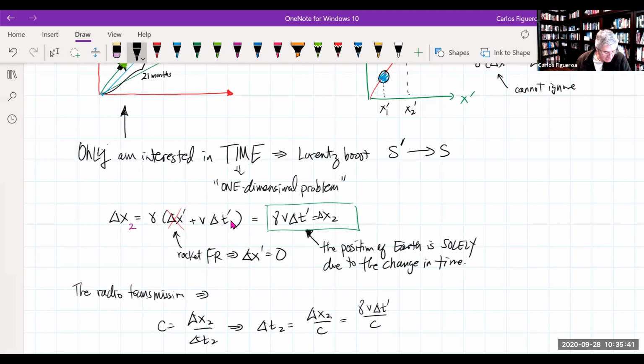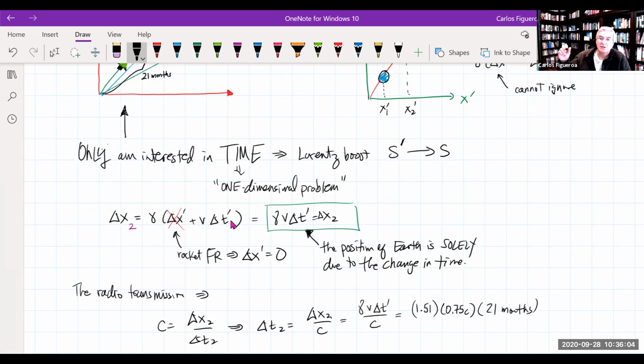If I plug in these numbers, I know the gamma factor is 1.51. We know that the speed is 0.75c. And then of course the time is 21 months.